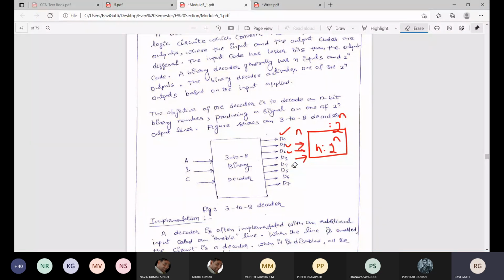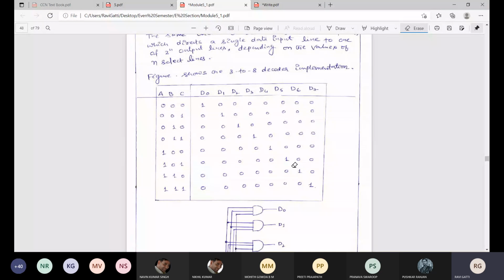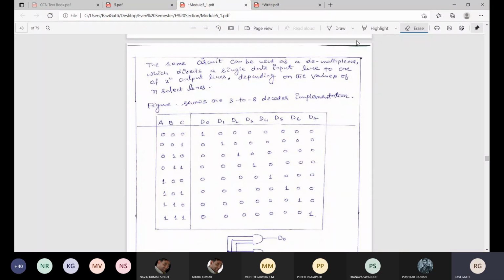And the truth table. You can see it over here. Here is how we have written this truth table. When ABC is equal to 0 0 0, the first output D0 will be selected, so D0 will be on and all the remaining outputs will be 0.